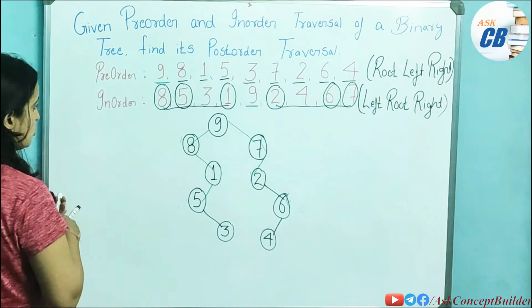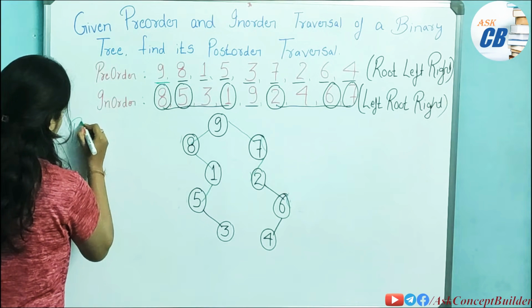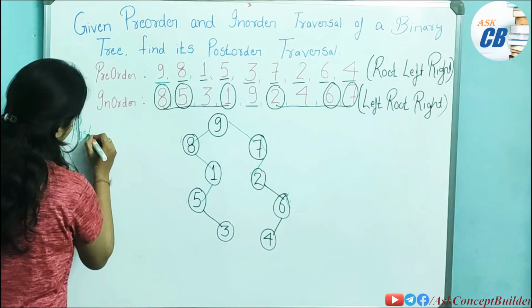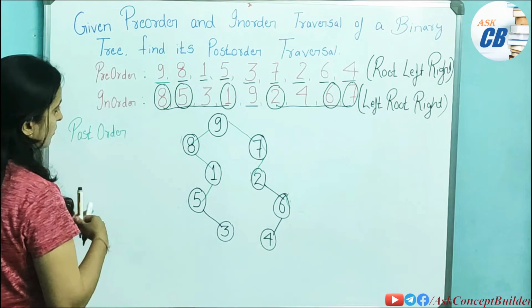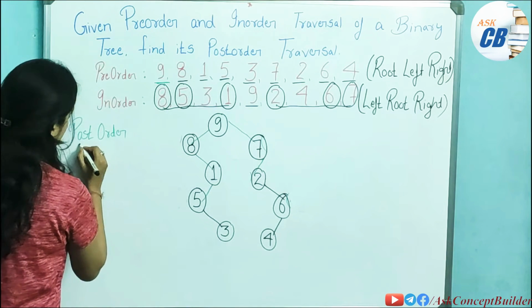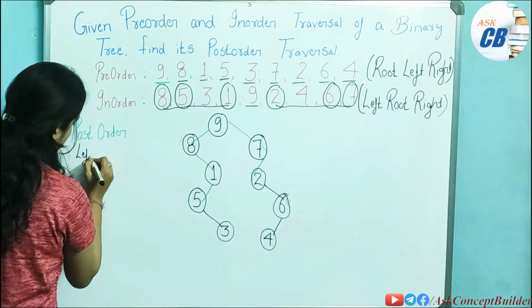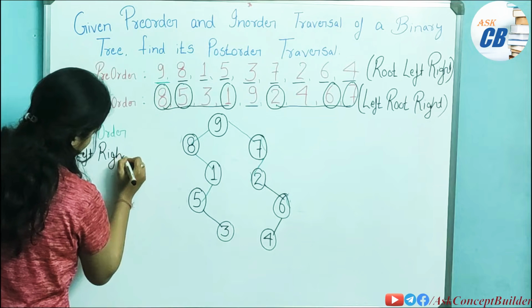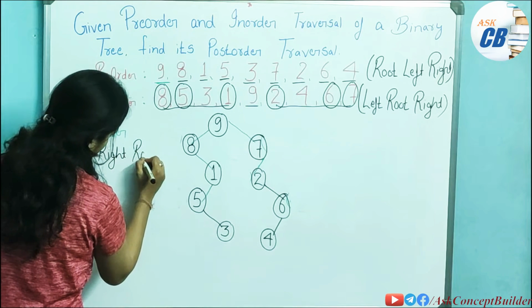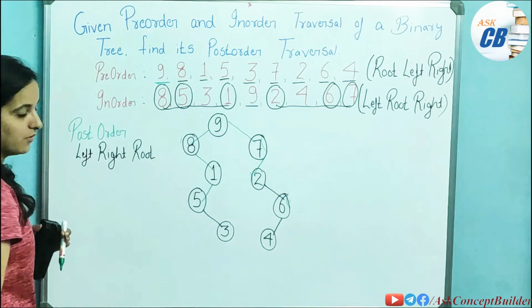So what is your post order? Left, then right, and at last your root node. This only is your post order traversal.